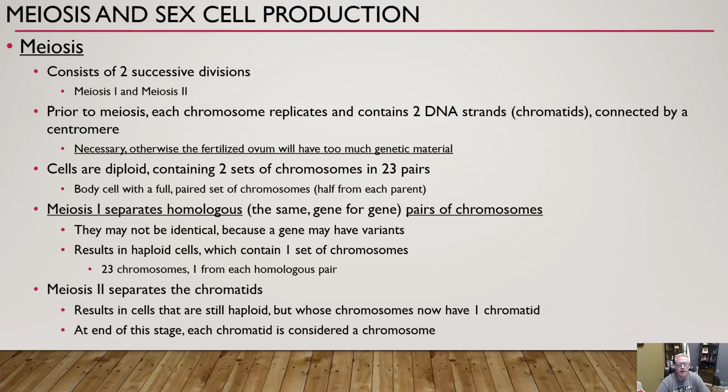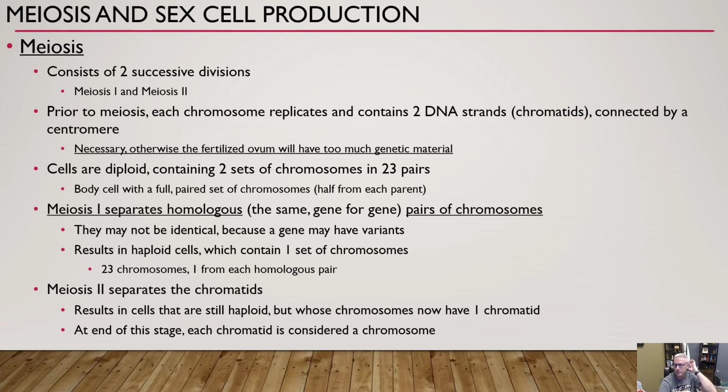So we still have the chromosomes replicating, and the chromosomes are going to be connected at the centromere. So remember, if we're talking about the X, where the X crosses, that's going to cross at that centromere.